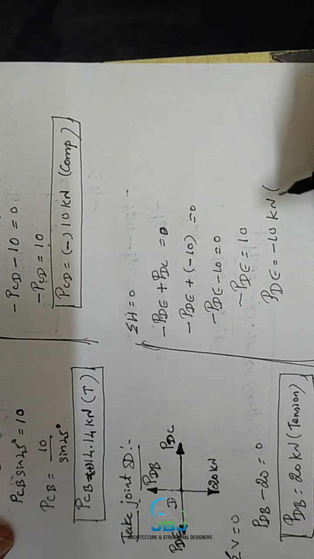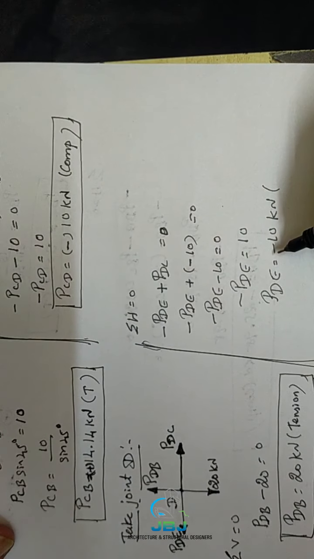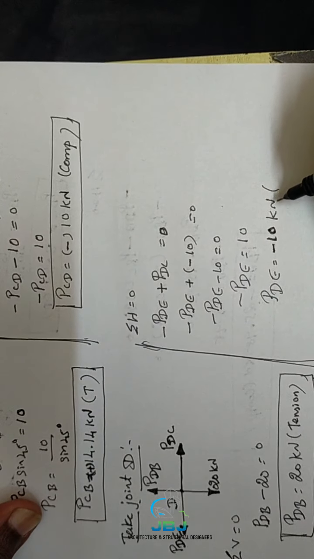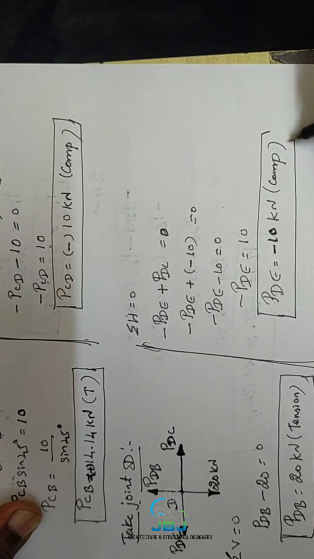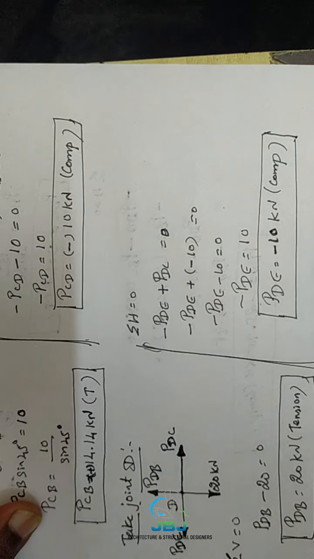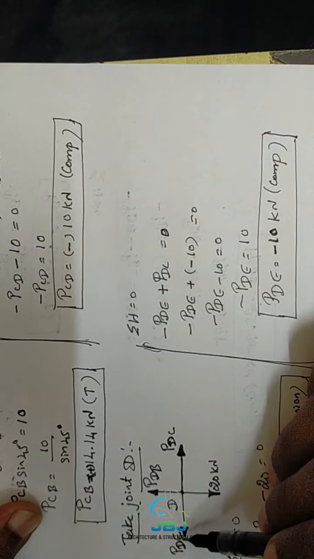Again, one more time I am explaining: we get a negative result, so this member is carrying compressive force. That means our assumption is wrong, but the answer is right. So PDE is carrying compressive force.